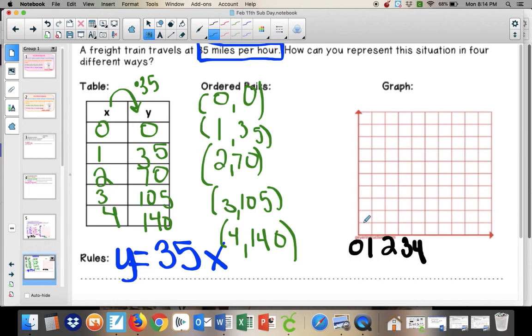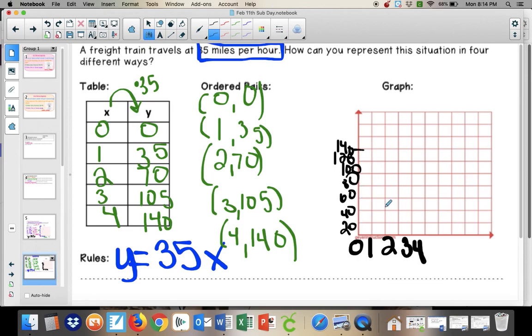So let's go by 20s. So 20, 40, 60, 80, 100, 120, 140.